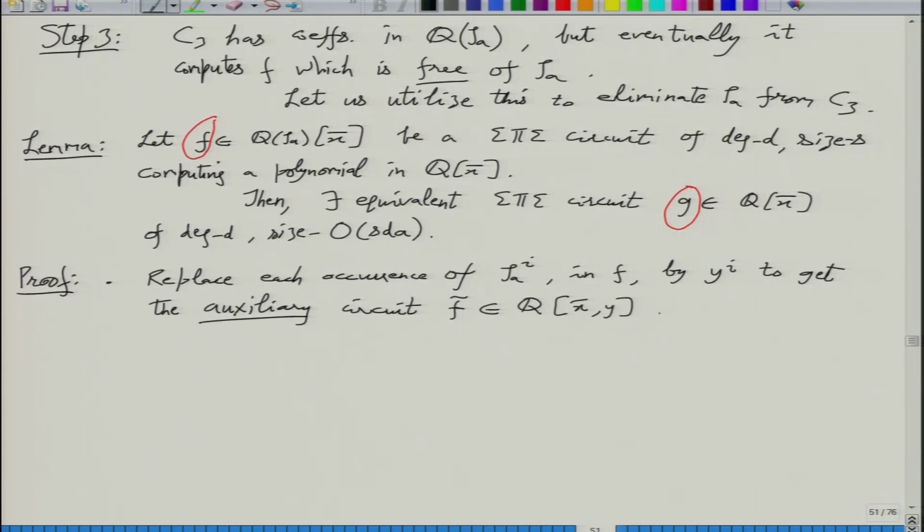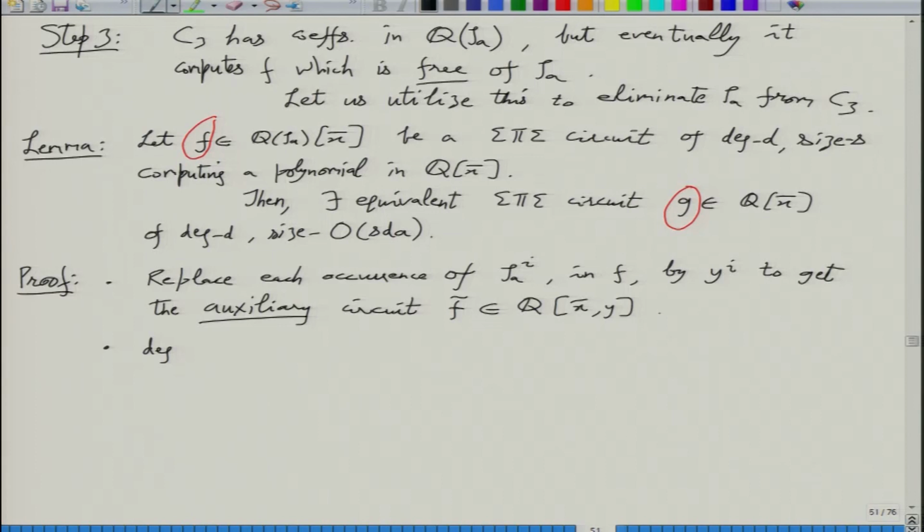Okay, this extra variable, rational polynomial, now you have an expression for this sigma pi sigma. The size hasn't changed, it's essentially the same circuit. What can you say about the degree with respect to x's? That has not changed, the intermediate degrees have not really changed, or the upper bound remains the same.